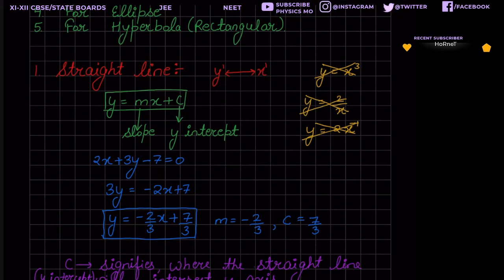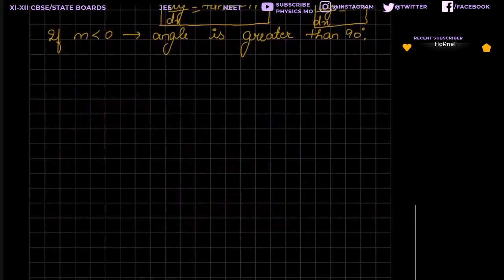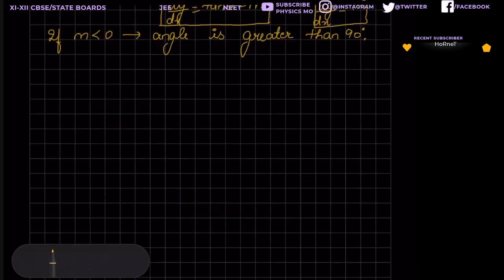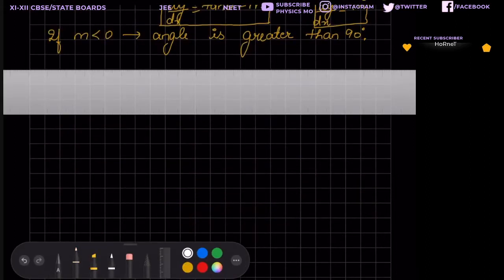Then once we get these values m and c, we will conclude that this value of m, which is negative, means the angle that this straight line will make with x-axis would be greater than 90 degrees. And this value of c is fixed, which is 7/3. So if you wish to draw this graph, it will look something like that.